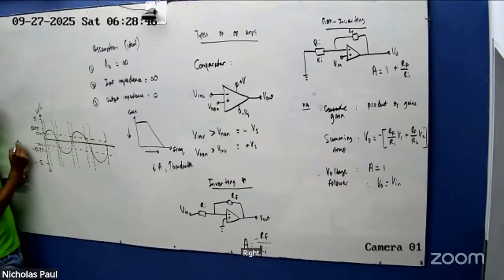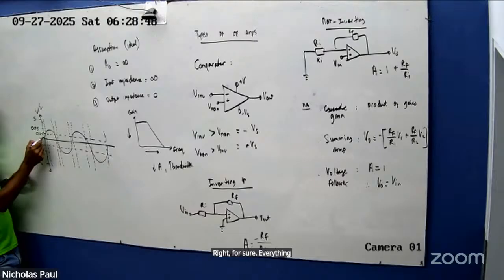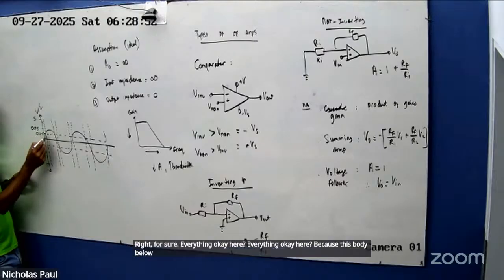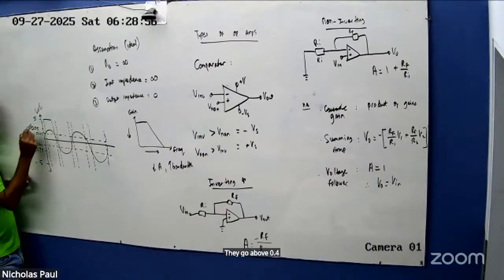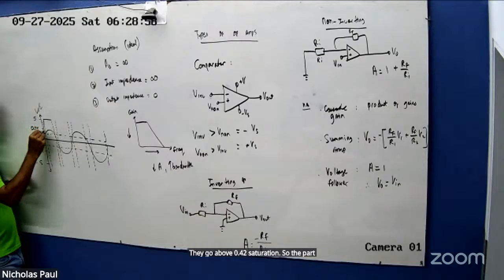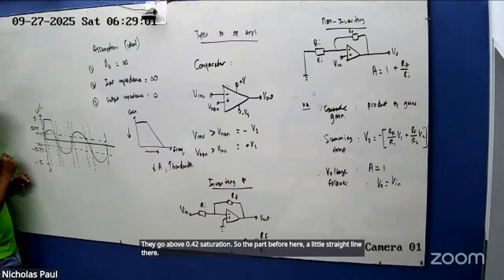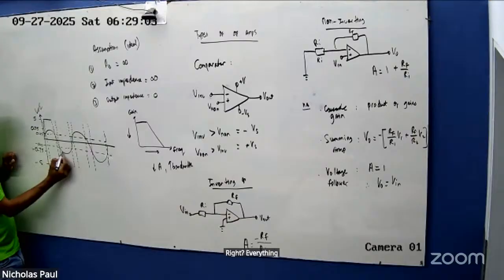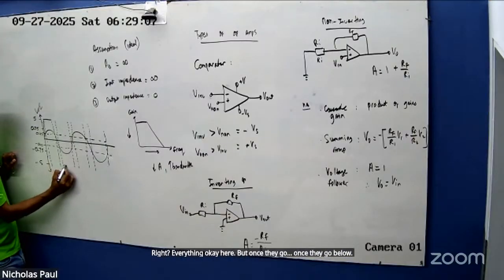Watch here. Everything is okay here because this value is below 0.42. But once you go above 0.42, saturation. So the part before is a little straight line there. Everything is okay here, but once they go below, saturation.